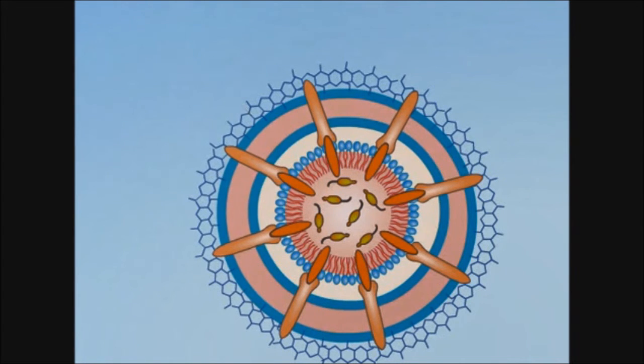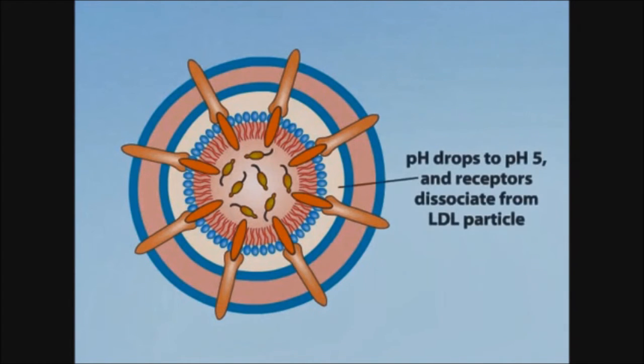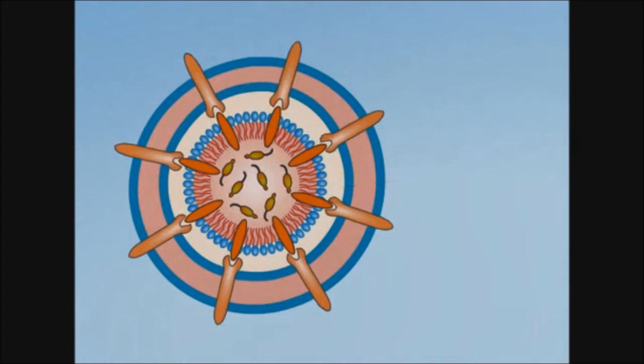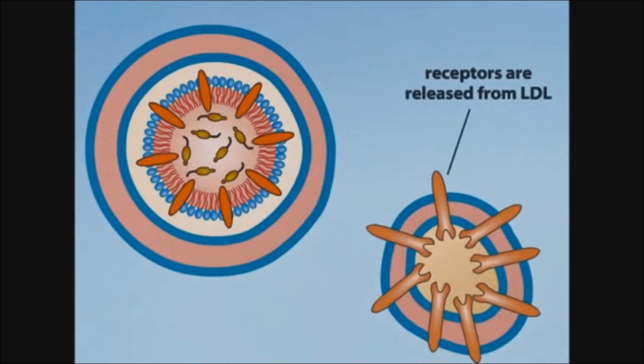Inside the cell, the clathrin molecules dissociate from the vesicle and from each other, leaving an uncoated vesicle. Although not shown here, another vesicle then fuses with the uncoated vesicle, which causes the pH of the uncoated vesicle to drop. This drop in pH triggers the receptors to be released from the LDL particle.